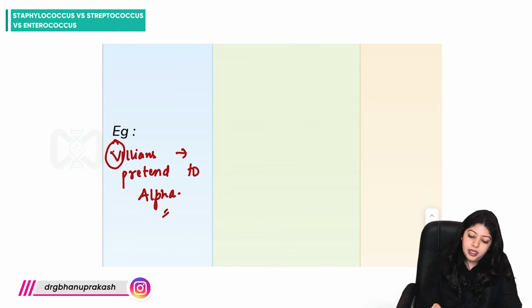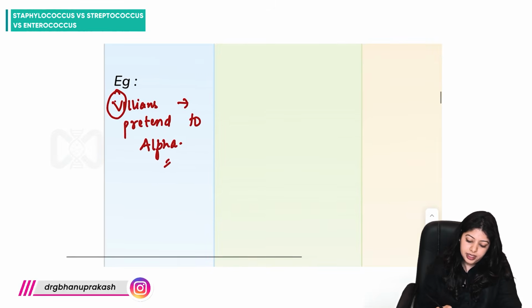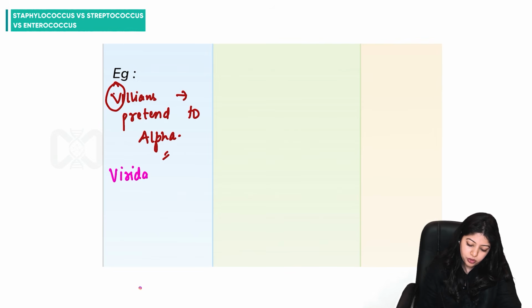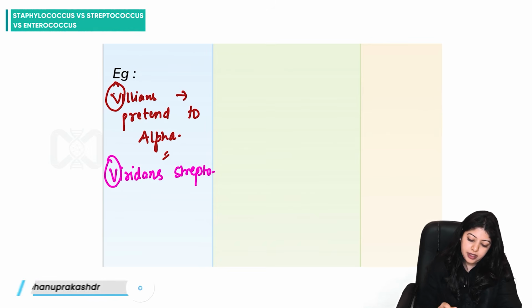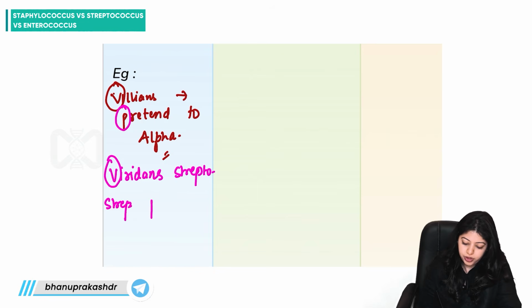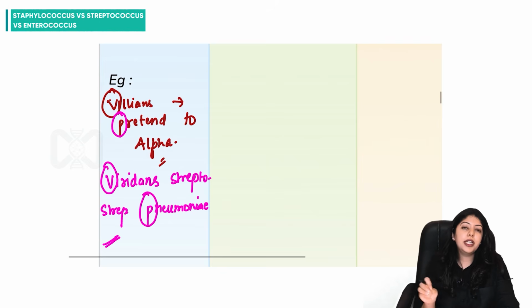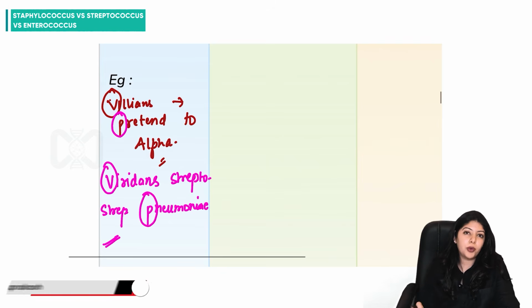So it is the viridans streptococci, as well as Streptococcus pneumoniae, which show alpha hemolysis. So we are majorly covering these gram-positive cocci. That is why our examples would be limited to these.